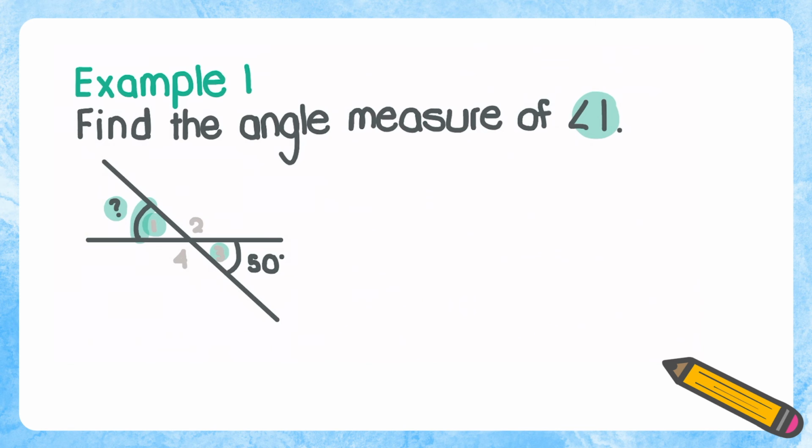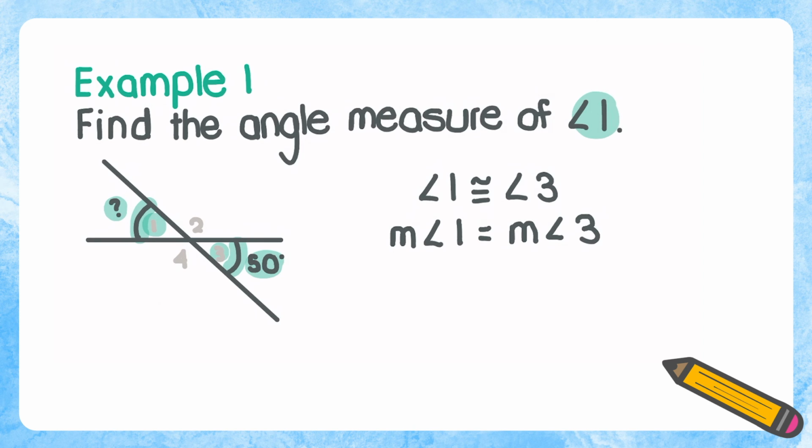And notice how angle 1 and angle 3 are vertical angles. That means they're congruent to each other. So angle 1 is congruent to angle 3. That means they share the same angle value. So the measure of angle 1 is equal to the measure of angle 3.